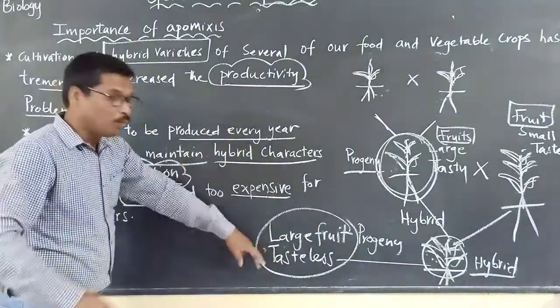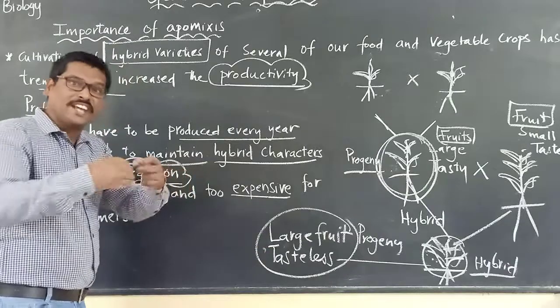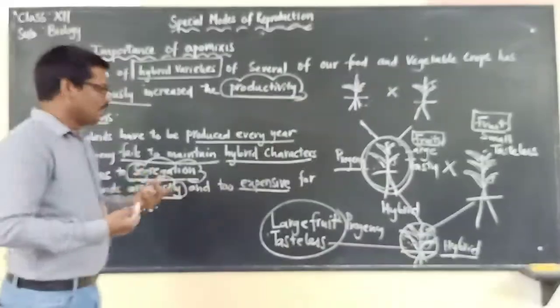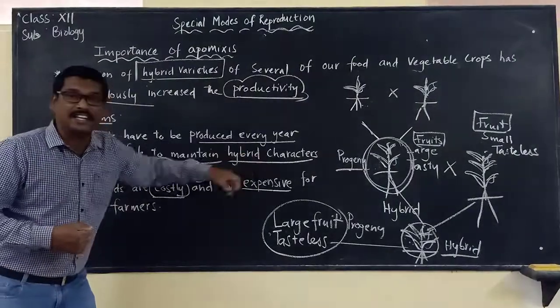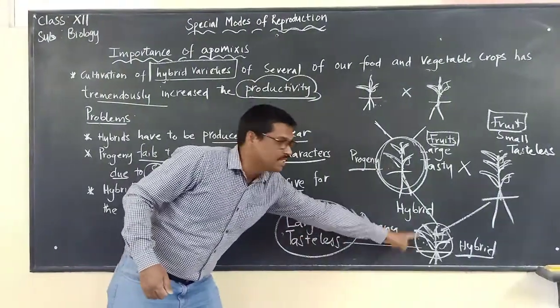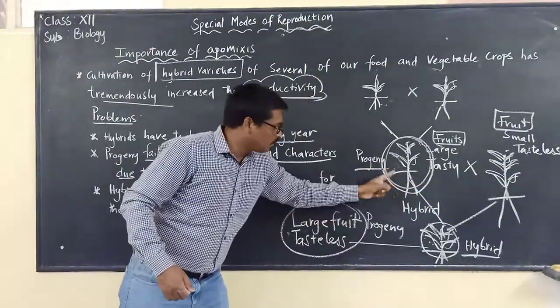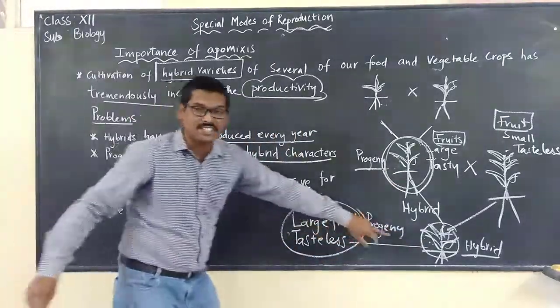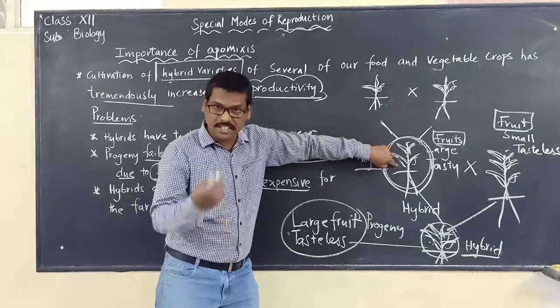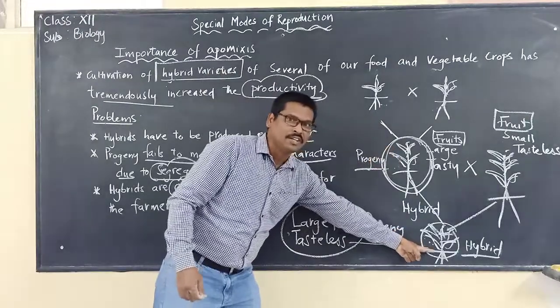So here, this is the concept we have to keep in mind. So what happened here? There is segregation of characteristics. Because the progeny fails to maintain the hybrid characteristics. Now this is the progeny of these two parents. So here this progeny failed to maintain the hybrid characteristics. The desired characteristics that we want are not seen in this now. Why?